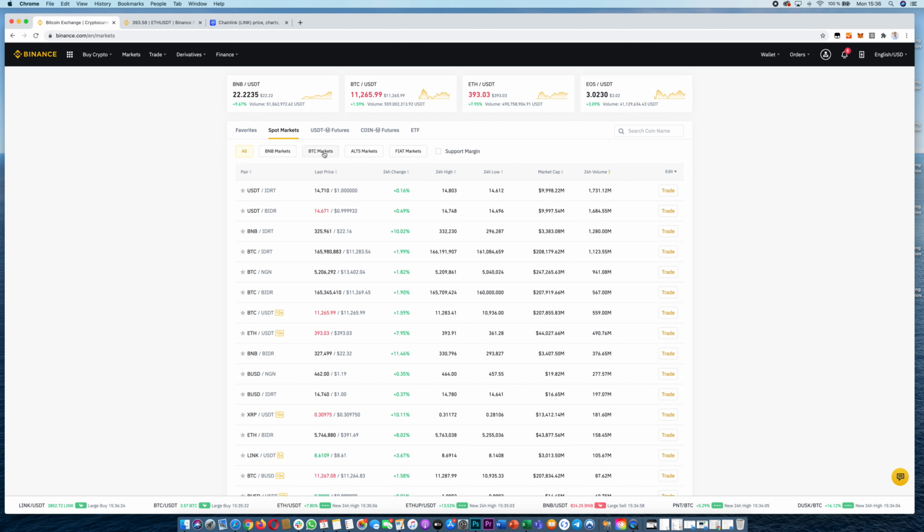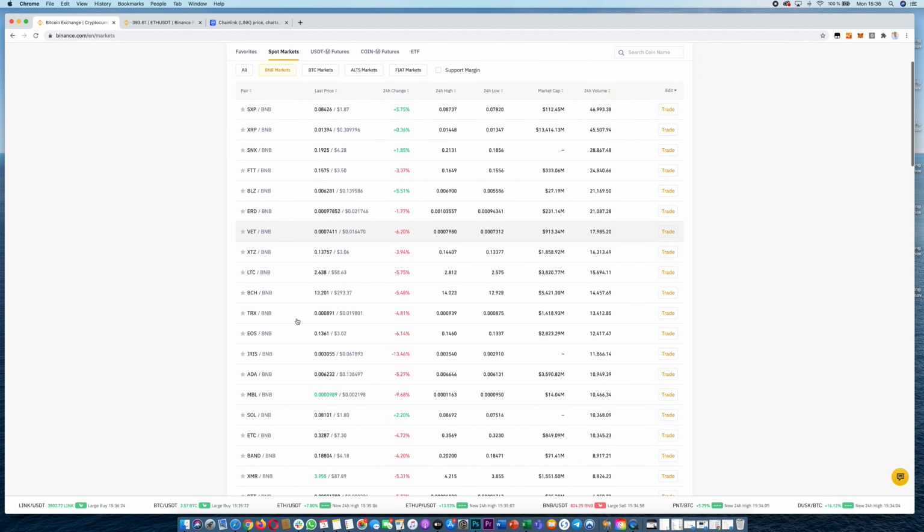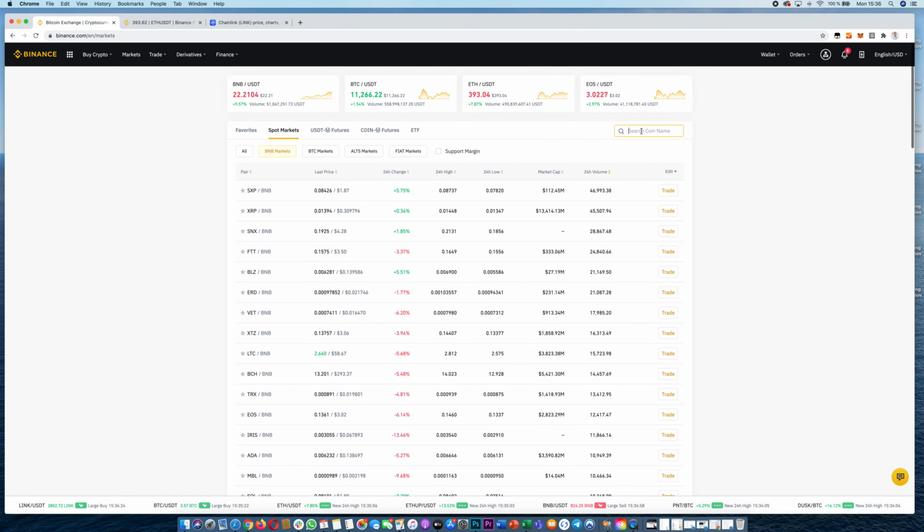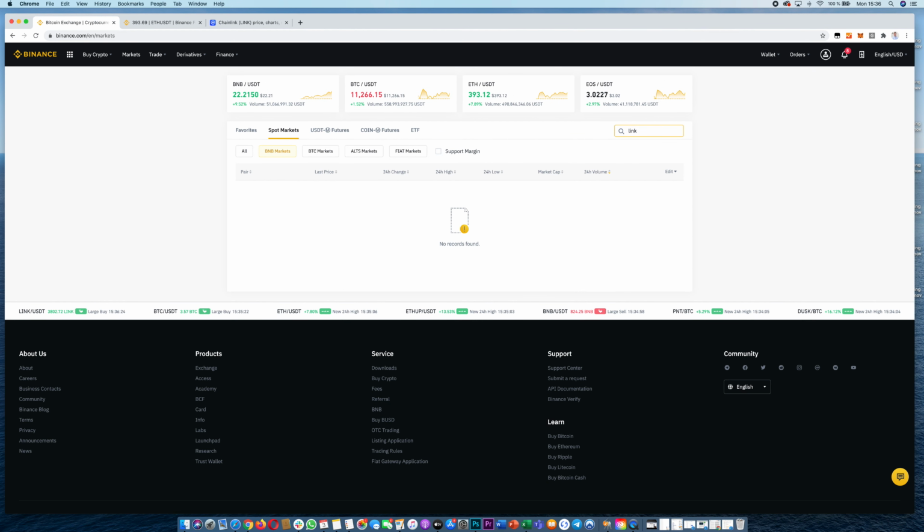It really depends now on what currency you have in your account. For example, if you have BNB in your account, you have to look if you can trade Link against it. And you can't. So you actually need to have Bitcoin in order to do that. If you have any other currency, you need to trade it against Bitcoin.